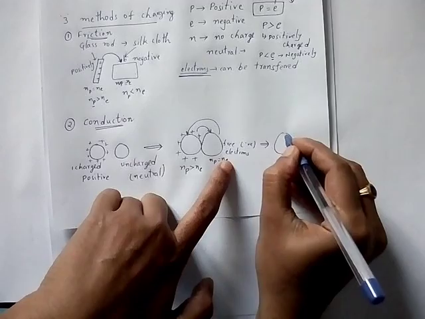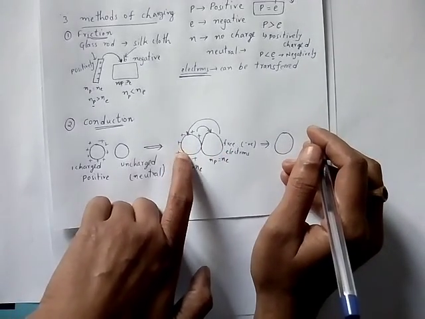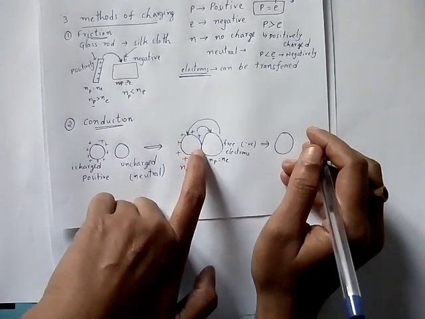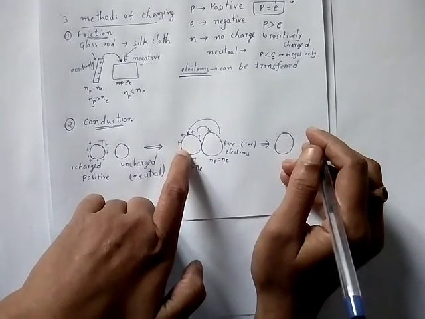Understood what I have told? So free electrons are going to this positively charged sphere, so that the protons which are more, that number will become less.